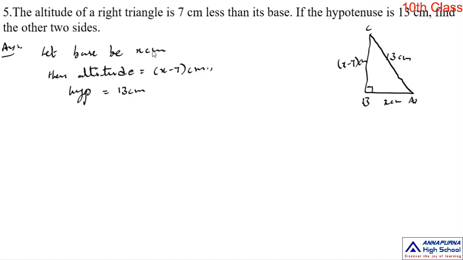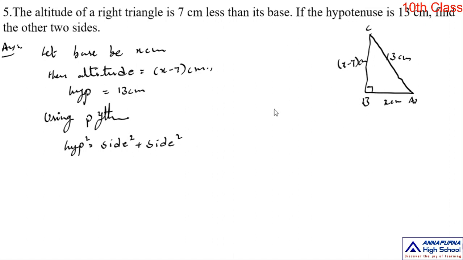And what is the relation between these three? So according to the Pythagoras theorem, hypotenuse square is equal to side square plus side square. That means AC square is equal to AB square plus BC square. So by using the Pythagoras theorem, hypotenuse square is equal to side square plus side square.